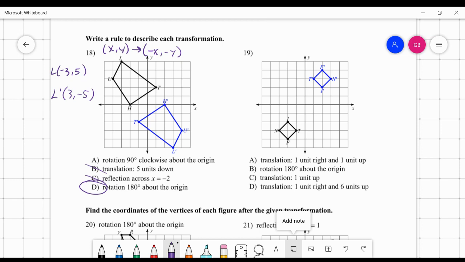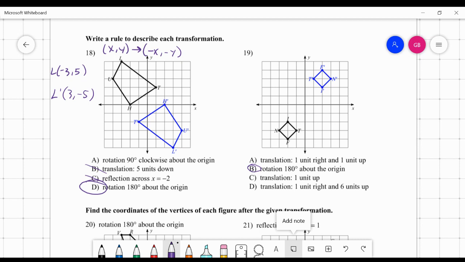19. Good thing this is multiple choice. So translation means to just move. So I is above and F is below. If you just move it, then I prime has to be above F prime, which is not. So it's not going to be any of the translations. So the correct answer is also again a 180-degree rotation.